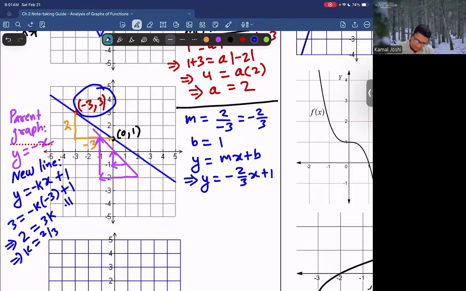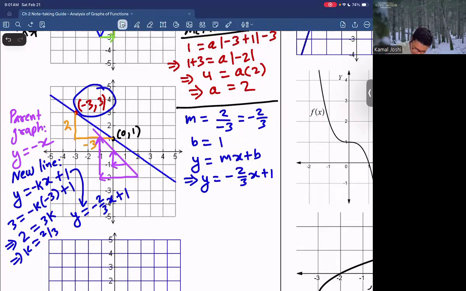So from here you get y equals minus kx plus 1, so y equals minus 2 over 3 x plus 1, right? Think about this. In the meantime, let me change the color of this particular component.